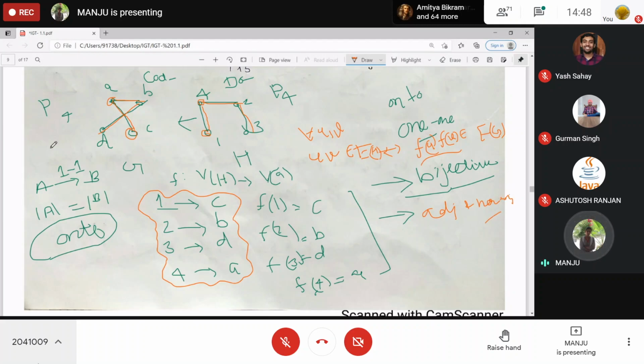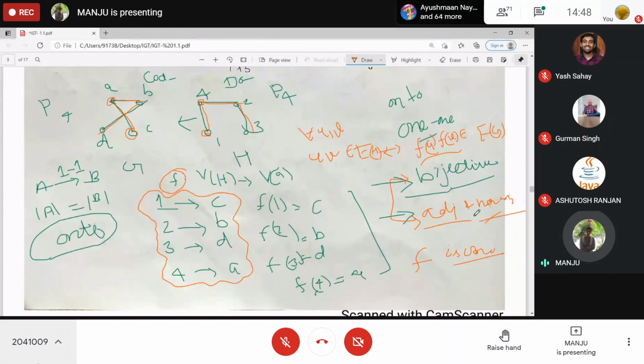So what we have done, we had two graphs. We have shown that there exists a bijective correspondence which preserves adjacency and non-adjacency, right? So this F, this map, this correspondence, we say this is becoming an isomorphism. For any function to be an isomorphism, these two conditions are a must: bijection plus adjacency.